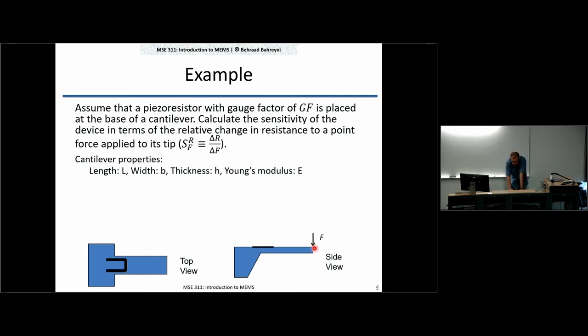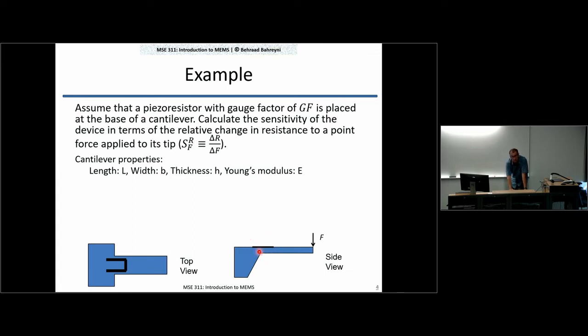If the cantilever is pushed downwards, I will get some tensile stress here. You can go and show that the maximum amount of stress happens at the anchor, where the cantilever meets its base. But anyway, that's where I'm going to put my piezoresistor.